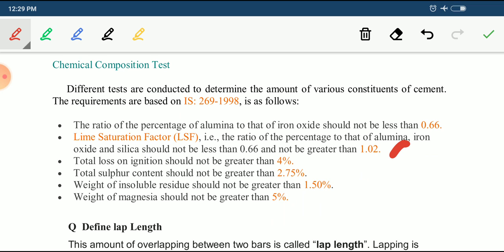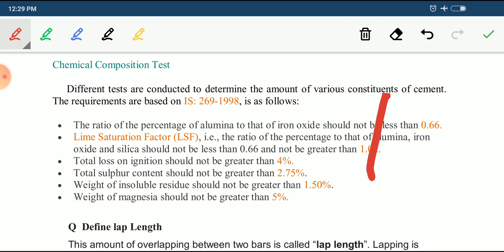The total loss on ignition should not be greater than 4%. Total sulfur content should not be greater than 2.75%. Weight of insoluble residue should not be greater than 1.5%. Weight of magnesia should not be greater than 5%. Okay, this is the chemical composition. It should be as per requirement. You should follow these things.